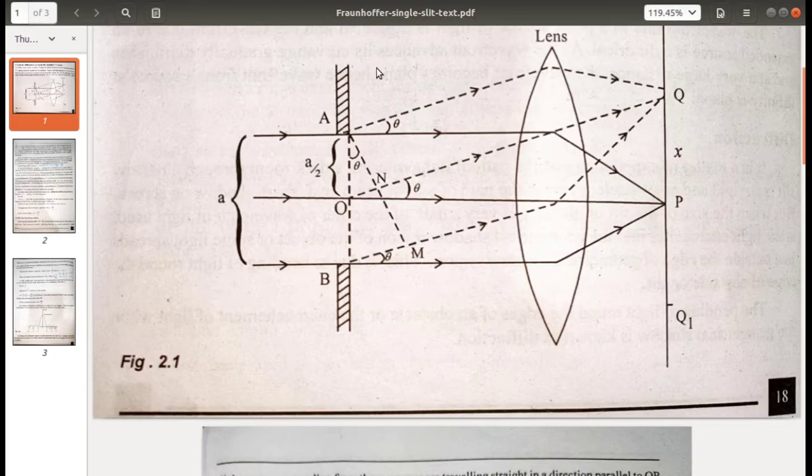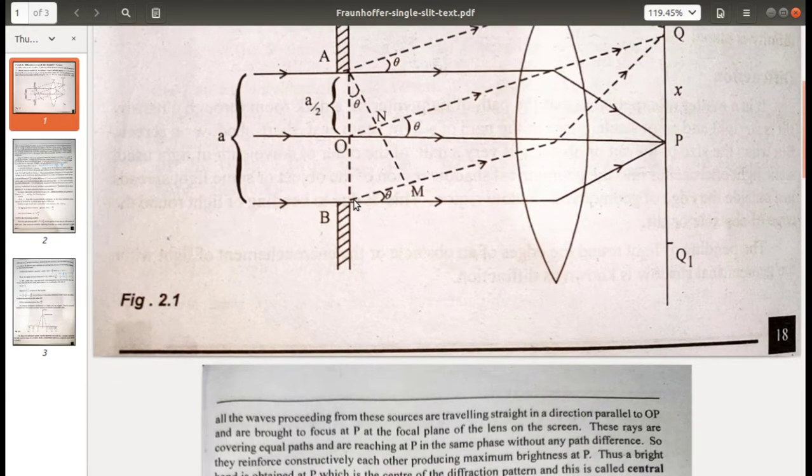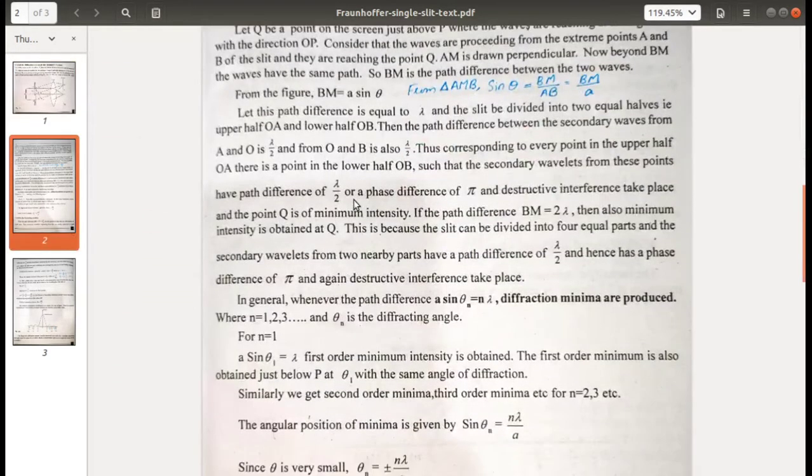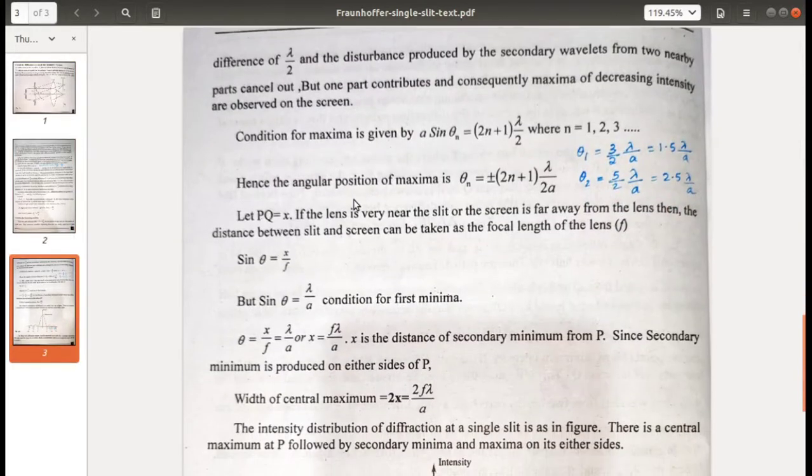So if this lens is near to this slit, since the lens and the slit are very close, in such a situation we can take OP, the distance OP, as the focal length of this lens. This is only because the slit and lens are very near or very close to each other. In such case we can take OP as the focal length of this lens. Okay.